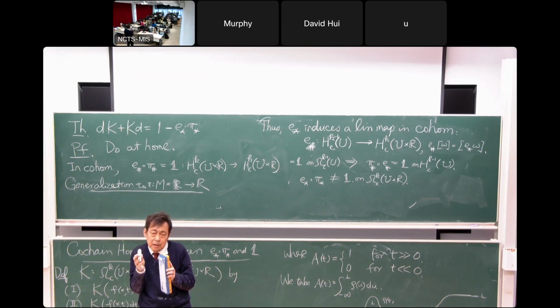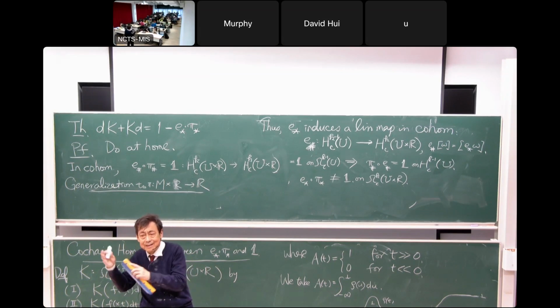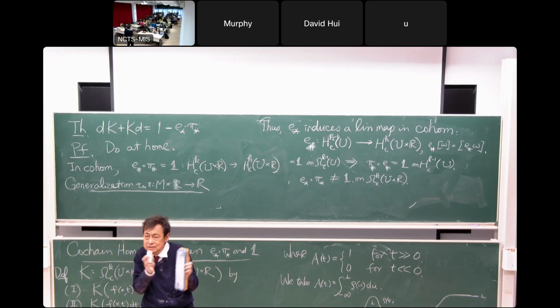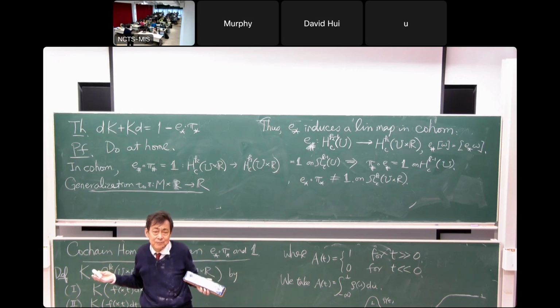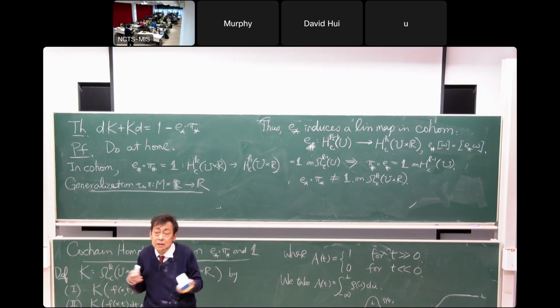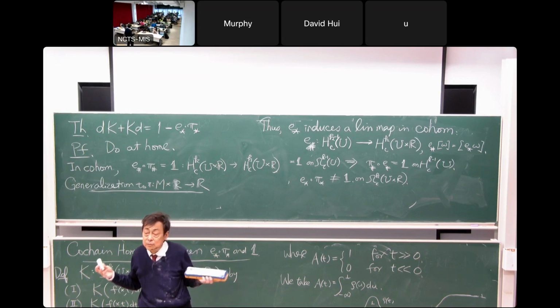It doesn't involve x. If you change to different coordinates, it's only the x coordinate that gets changed. So it really doesn't disturb integration along the fiber. It's like what we did last time, right? When we extended our pi lower star last time from a chart to a manifold.